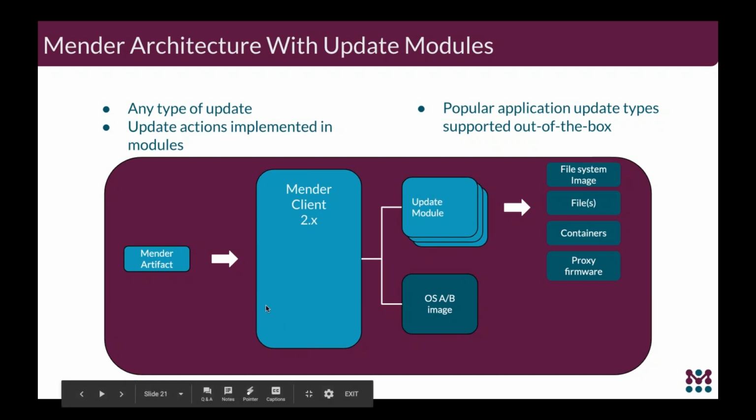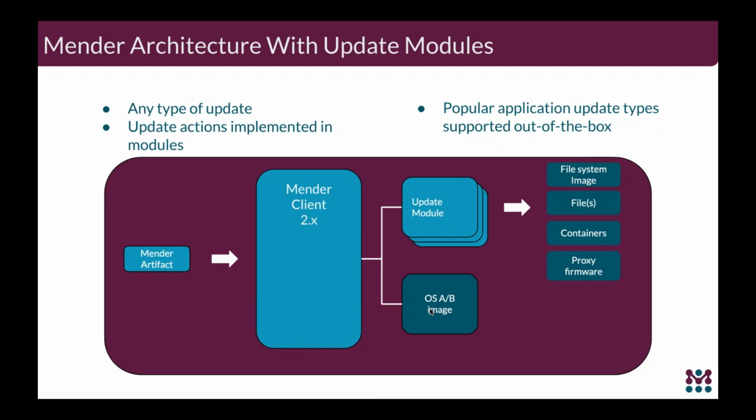So the Mender client, the AB image, full image updates, that's an integral part of the client, whereas update modules breaks out the fundamental update operations into a plugin that can be implemented for either generic out-of-the-box things such as just standard RPM or dev package updates, or you can implement very custom things such as proxying firmware for maybe an asymmetric multiprocessing system or something along those lines.